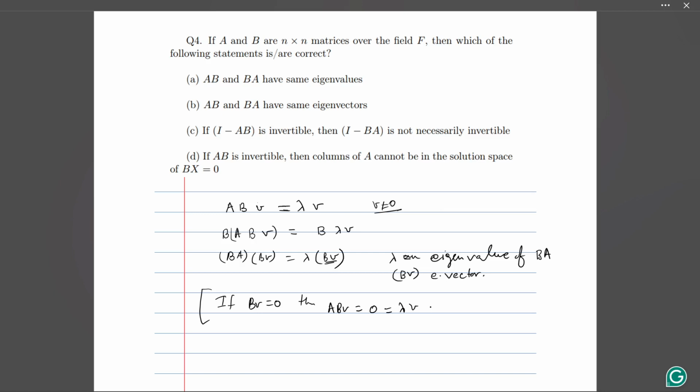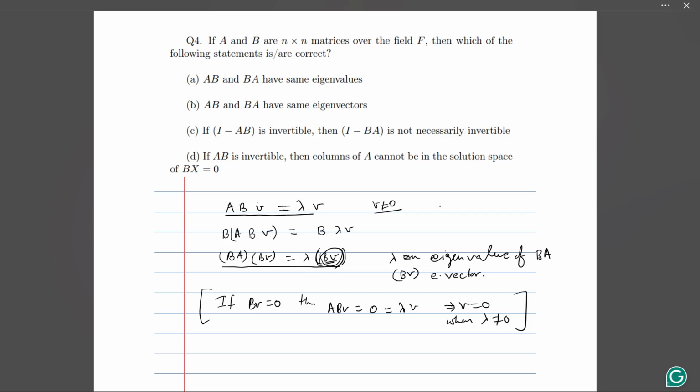So either lambda is zero or non-zero does not matter; this will imply v is equal to zero. So we need only non-zero lambda. When lambda is non-zero and an eigenvalue of AB, then this will be an eigenvalue of BA, because then Bv will be a non-zero vector. So all non-zero eigenvalues are matching.